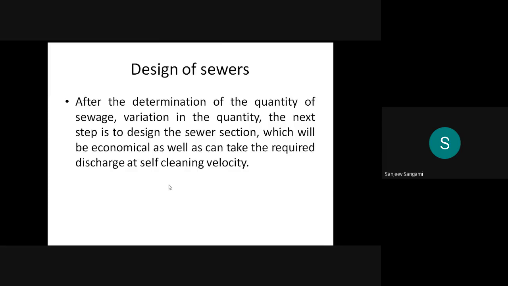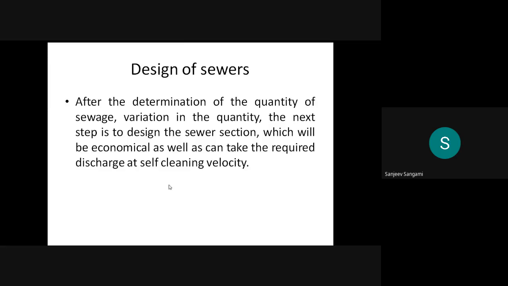The self-cleansing velocity is the velocity in the sewage line where the flow should be sufficient so that whatever silt or sand is there should not accumulate inside the sewer line. It has to clean the silt accumulation as well as the sand accumulation.